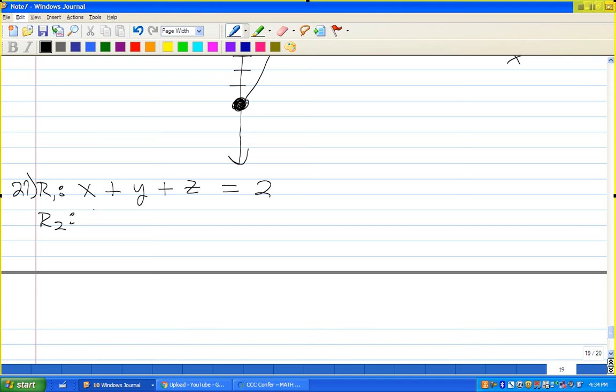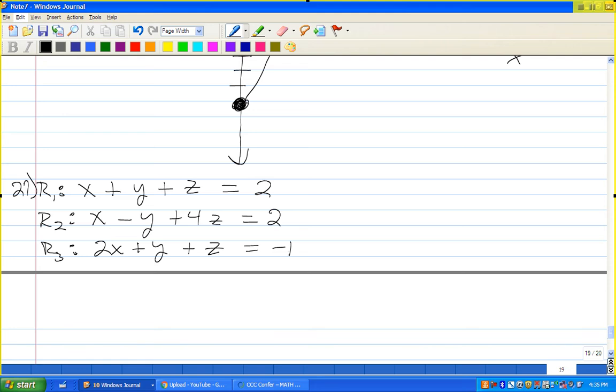R2, x minus y plus 4z equals 2. And the third equation, 2x plus y plus z equals negative 1.